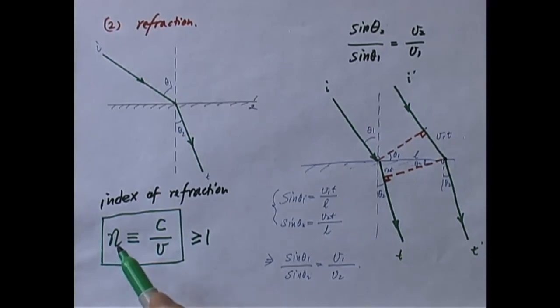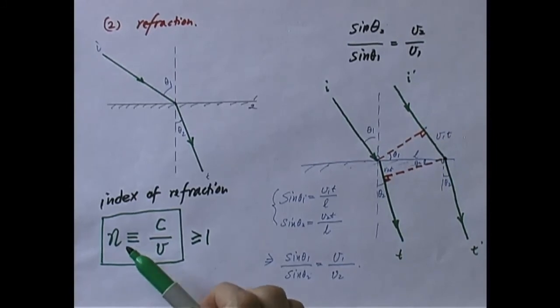Therefore, in air, n is almost equal to 1, just slightly more, 1.00 something. In water, for example, n is about 1.3. That means the speed of light in water is about 30% slower than in vacuum. So the greater the n value, the slower light propagates in that medium.